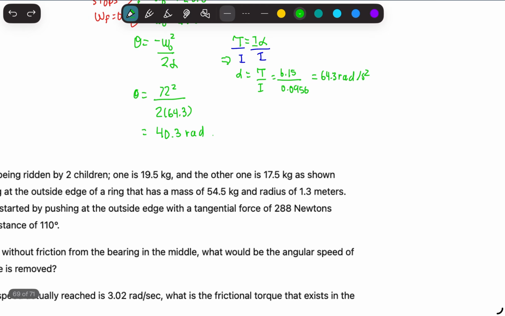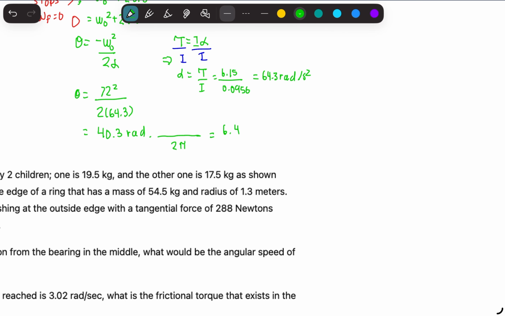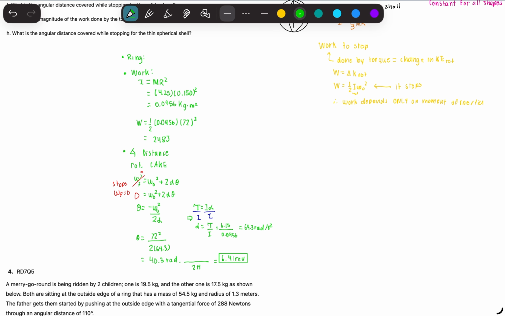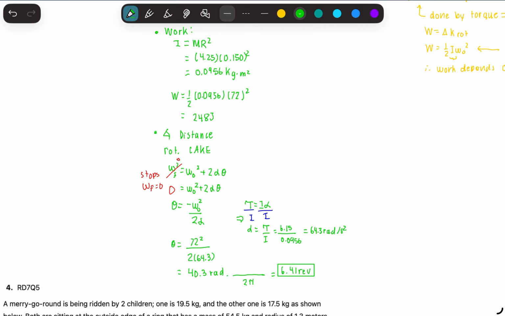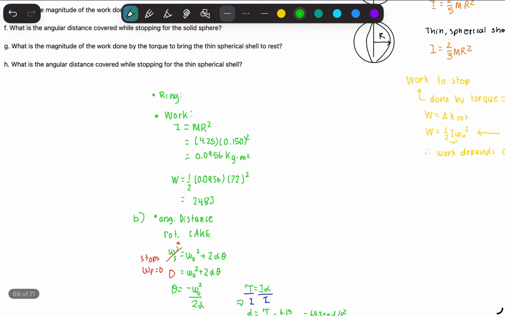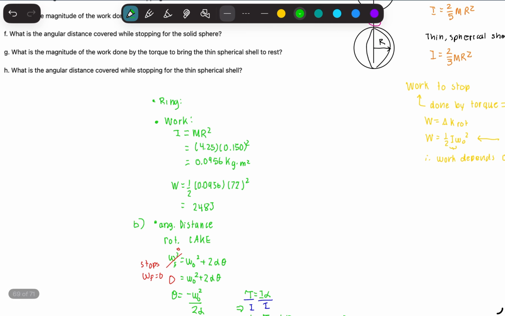We want it to be in revs. It's going to be 6.41 revs.